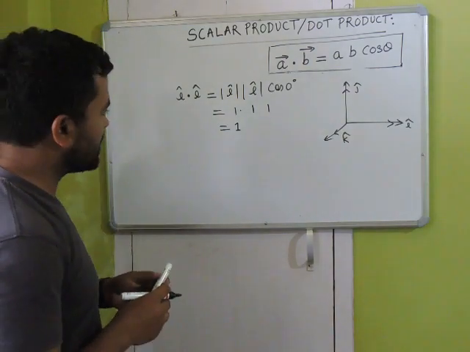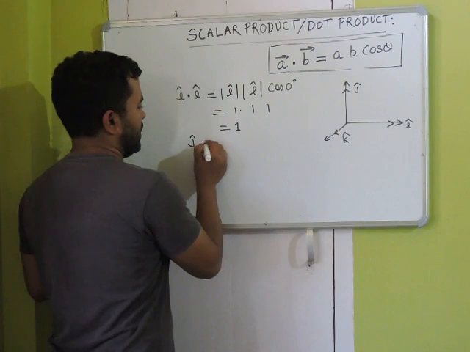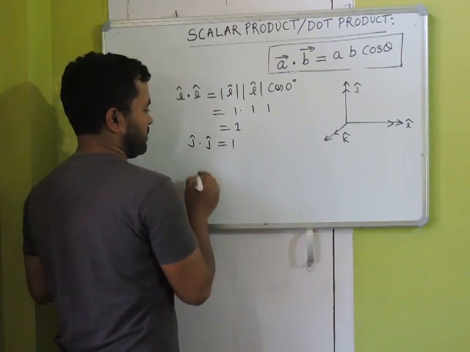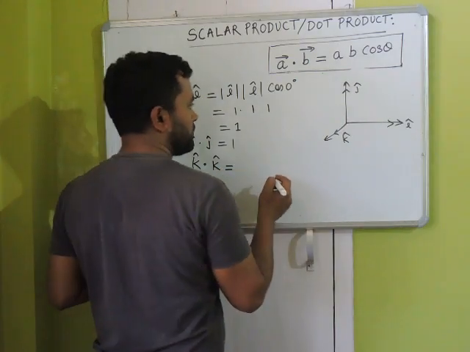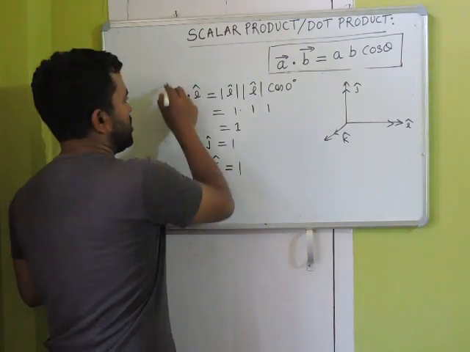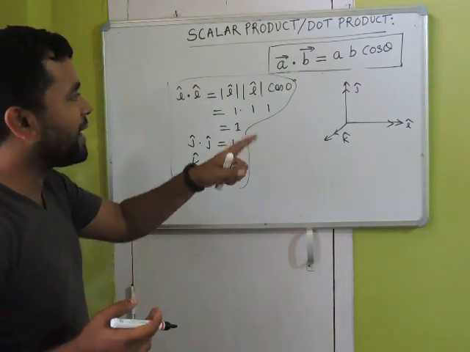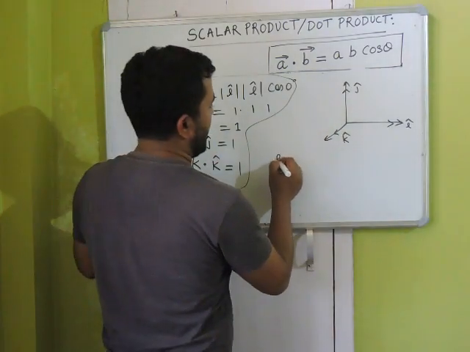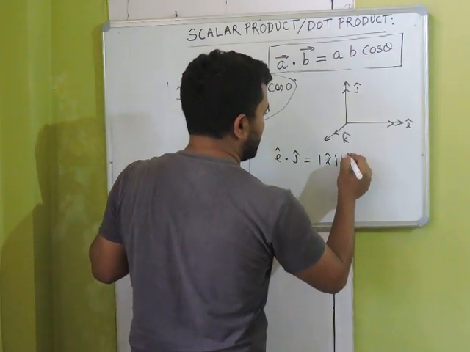Same way you guys can find out that j dot j will be equal to 1 and k dot k is also equal to 1. So this is also a very important result. Now what about i dot j? So i dot j will be magnitude of i, magnitude of j.